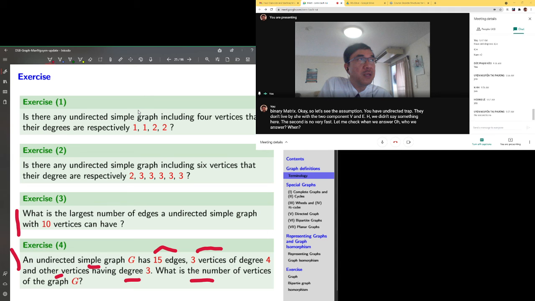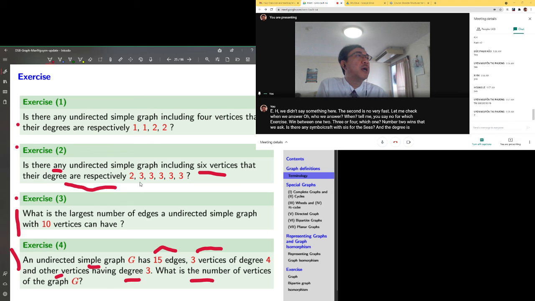Number 2. We asked, is there any simple graph with 6 vertices and the degrees like this one, and we count 1, 2, 3, 4, 5. That means when we take the summation of the degrees, in total the summation will be 17.